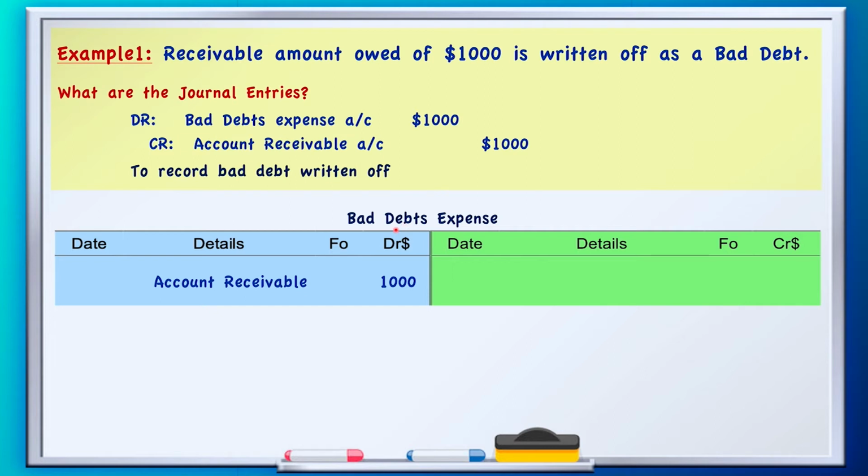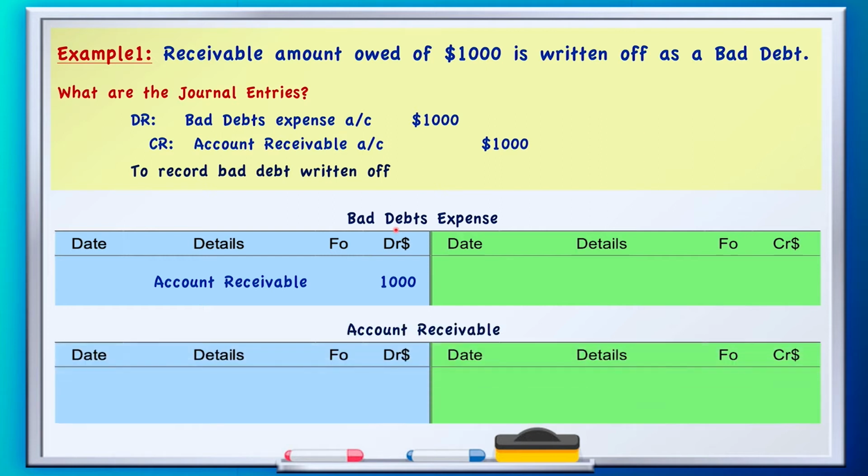Now for the accounts receivable account. First thing that you have to do before you even put in the transaction, which is a bad debt that is written off, is you're going to have to show how much did that person owe in the first place. Because you can only write off something if they owed something in the first place. So their account should have a balance, and that balance would tell you how much they owed.